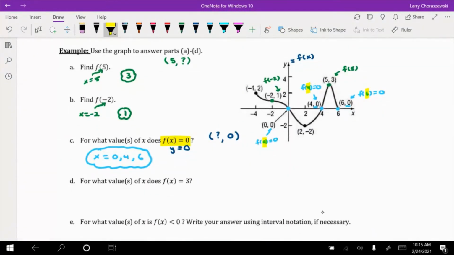Let me have you try this out with f of x being set to a value of 3 instead of a value of 0. Anybody think they have it?